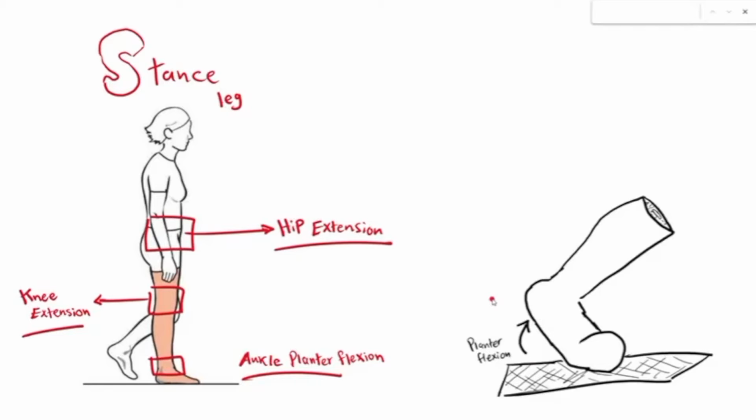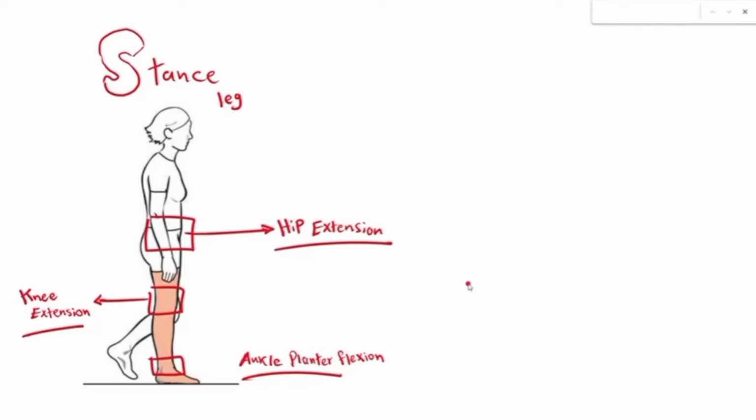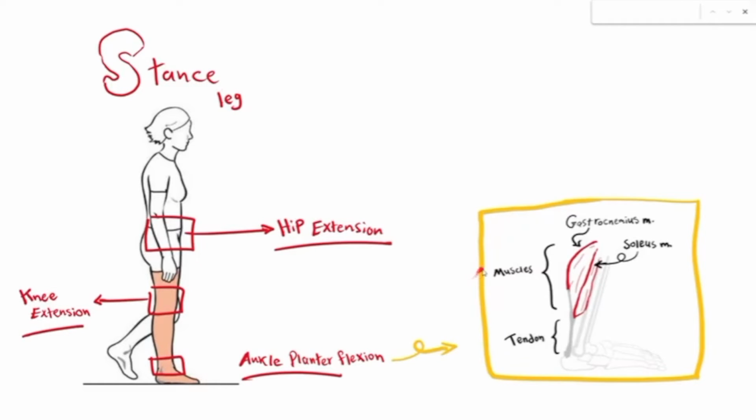And how does this work specifically? There are 2 components: the muscles and the tendon. The gastrocnemius and the soleus muscles, mainly the gastrocnemius, contract, and through the tendon connecting them to the calcaneus, they pull and produce this plantar flexion.